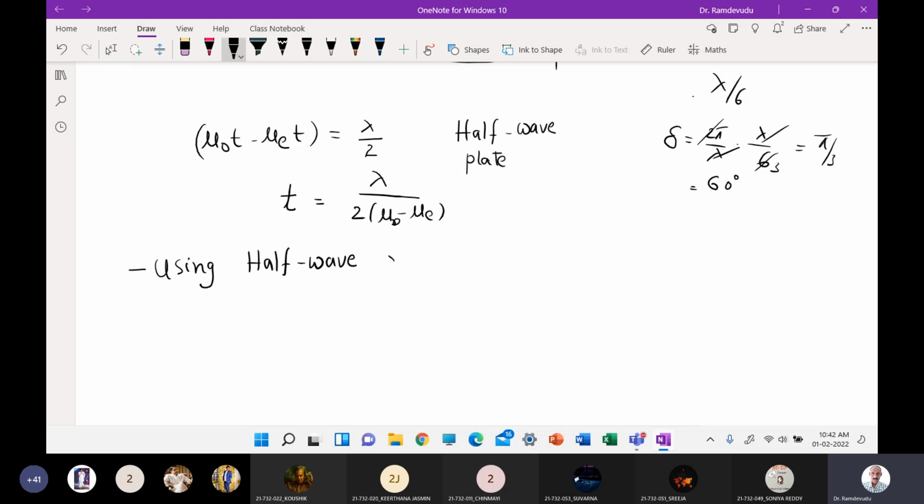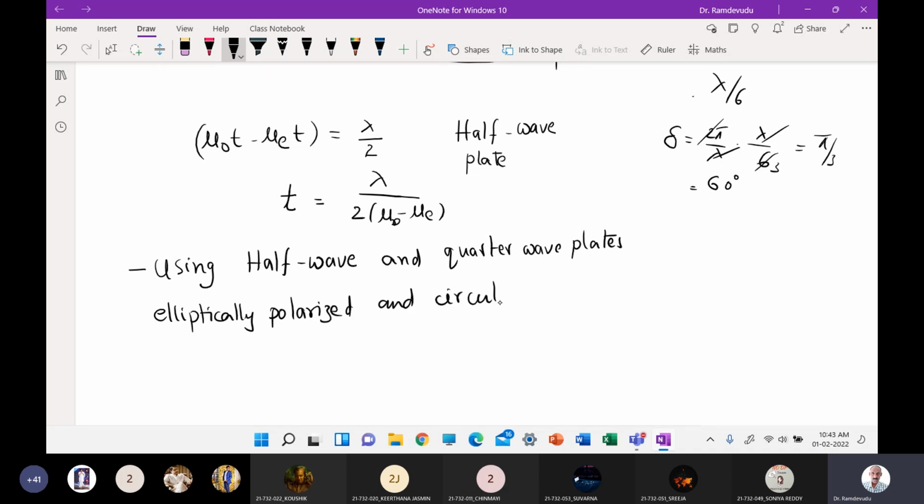Using half wave and quarter wave plates, elliptically polarized and circularly polarized light can be produced.